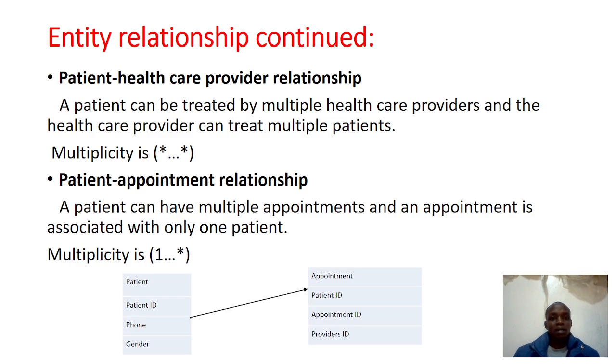I have another relationship, patient healthcare provider, where a patient can be treated by multiple healthcare providers, and a healthcare provider can treat multiple patients. We also had a patient appointment relationship where a patient has multiple appointments, and an appointment is associated with only one patient.